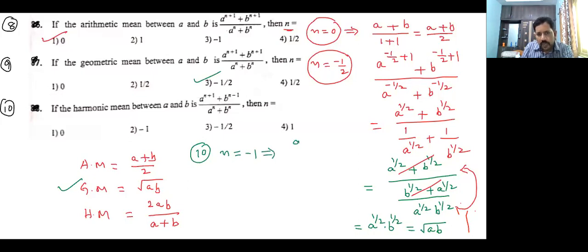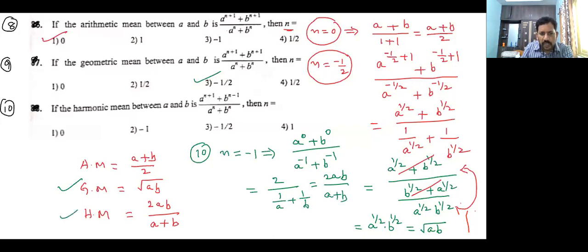Substitute: numerator a power 0 plus b power 0 divided by a power minus 1 plus b power minus 1. So numerator we get 1 plus 1, that is 2, by 1 by a plus 1 by b. Take LCM and finally you will get like this, 2ab divided by a plus b.